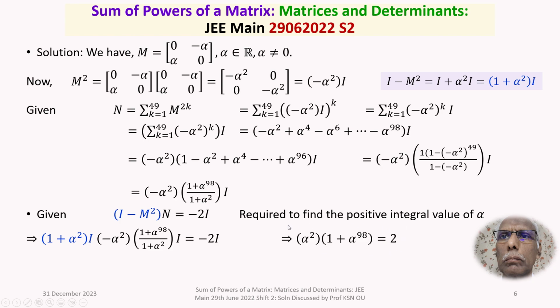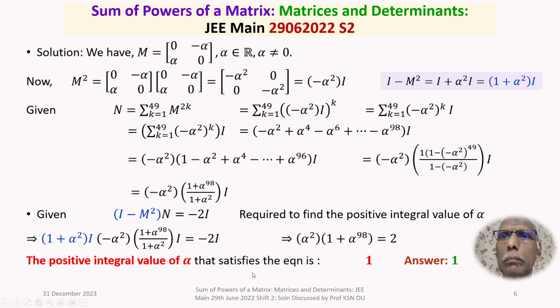Because we are required to find positive integral values, the positive integral value of alpha which satisfies this equation is alpha equal to 1. So the answer to this question is 1.